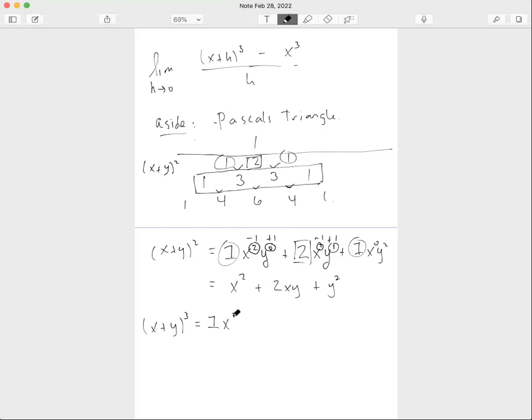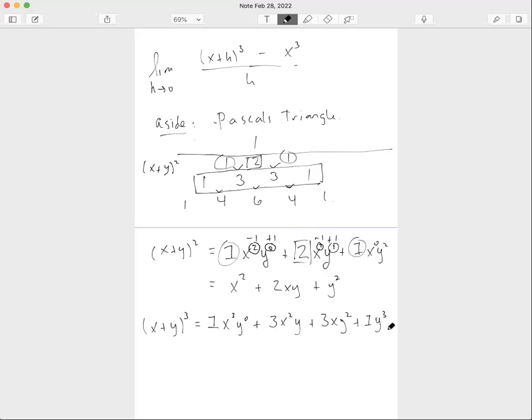And then what's my next term? x squared, y to the 1. Right, good. And then what's my next term? x to the 1, y to the second. And then what's my last term? y to the third.